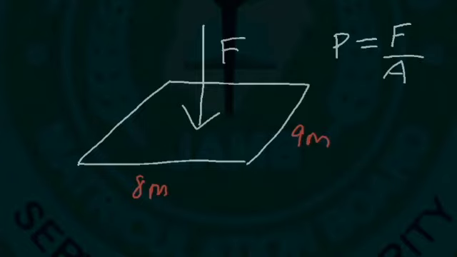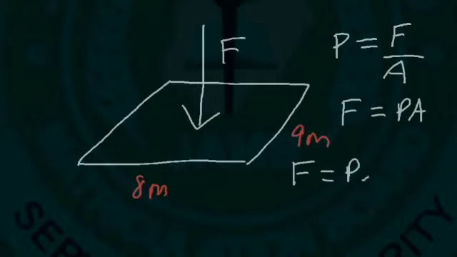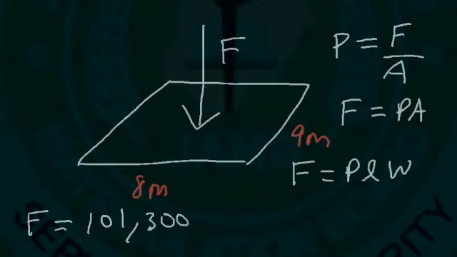So the force exerted by the atmosphere on this surface is pressure times area. And the area of the surface is the length times the width. So the force exerted by the atmosphere is the pressure of the atmosphere, which is 101,300 pascals, times a length of 9 and a width of 8.